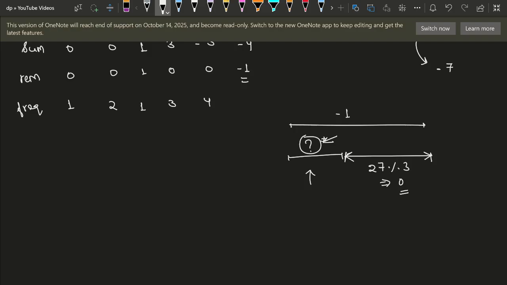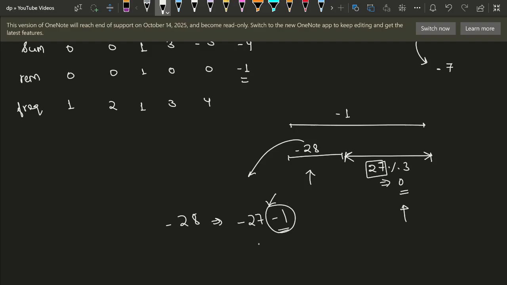So if this has a sum of 27, then it should have a sum of minus 28. So minus 28 can be written as minus 27 minus 1. So yeah, that can be one of the solutions.